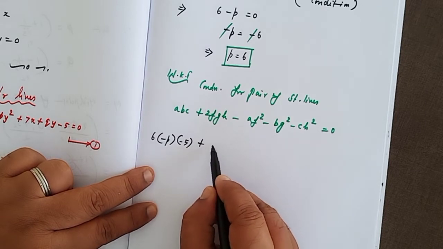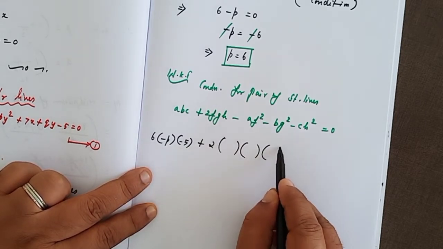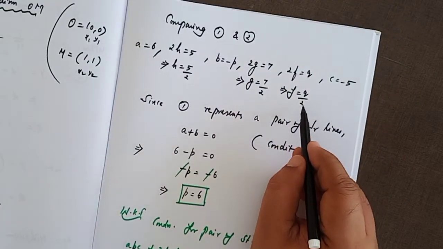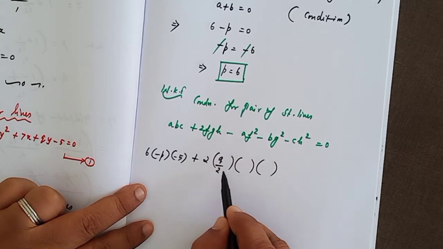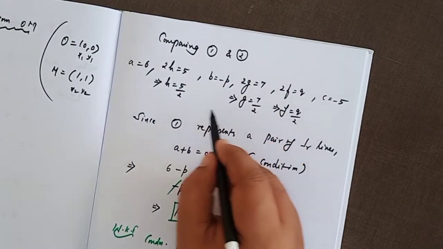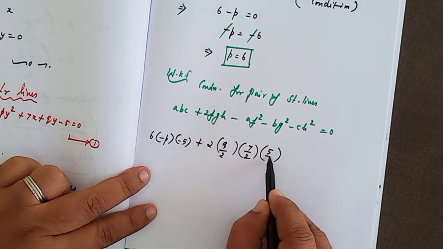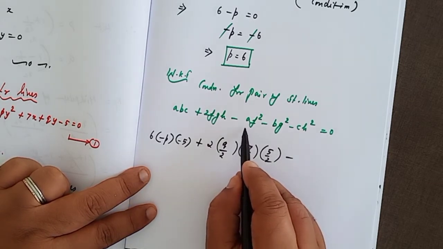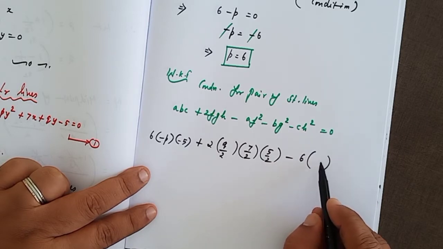Plus 2 into f into g into h: f value is q by 2, g value is 7 by 2, h value is 5 by 2. Minus a into f squared: a is 6, f is q by 2, squared.